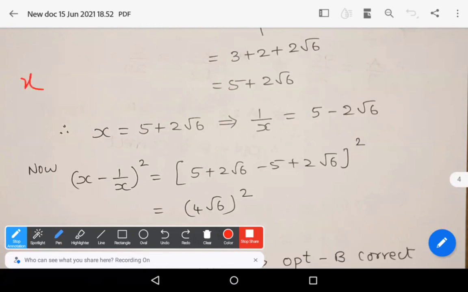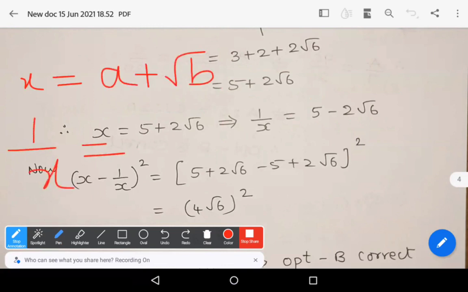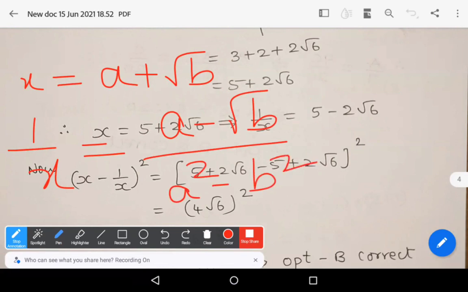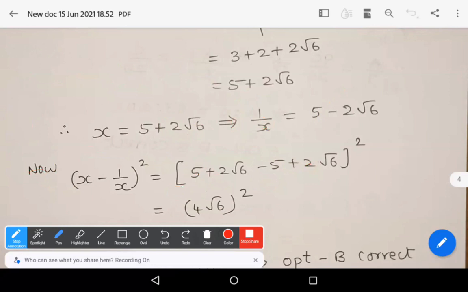If x is equal to a plus root b, then 1 by x is equal to a minus root b divided by a square minus b square. This is the formula. By applying this formula, 1 by x becomes 5 minus 2 root 6.